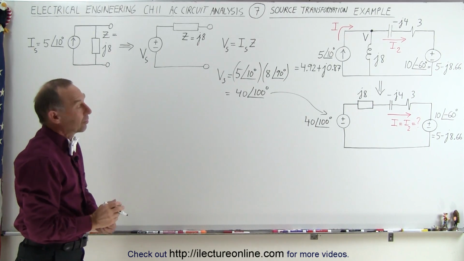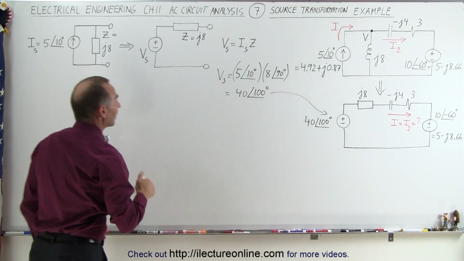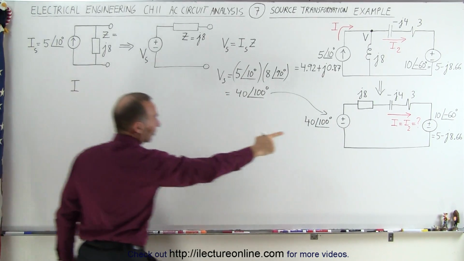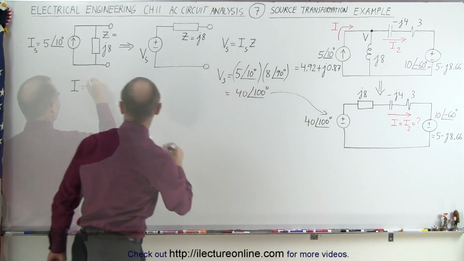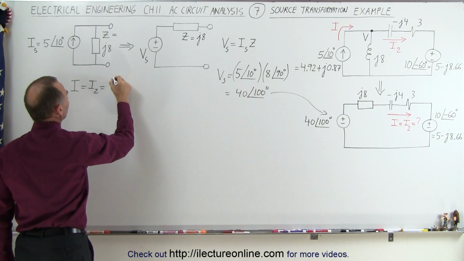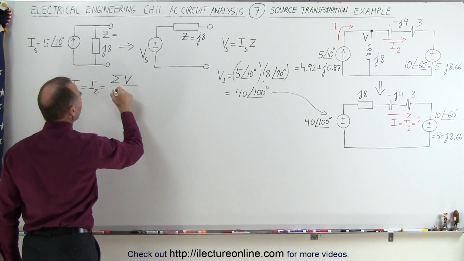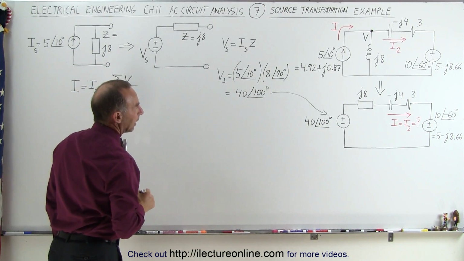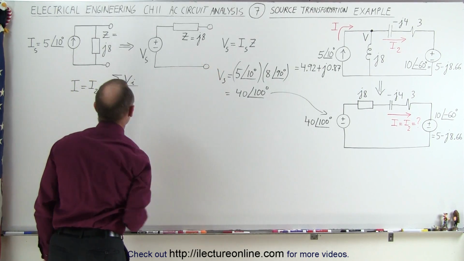Okay, what do we do next? Well, now we have to solve this circuit right here. So we can say that I in the circuit, which in this case is the current in this entire loop, which is equal to I2, is equal to the sum of all the voltages in the loop divided by the sum of all the impedances in the loop. Let's call it sub I so we don't confuse it with what we have over there.